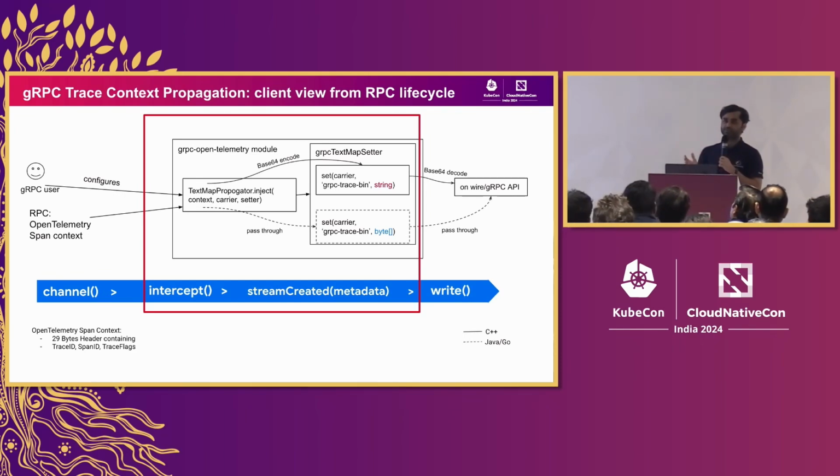There are also some language specific implementation differences. For example, in Java and Go, we base64 encode and base64 decode the binary headers, but in C++, we just directly store the bytes. And once all this text map propagator and carrier work finishes, this data is put onto the wire as one of the headers in the gRPC metadata.